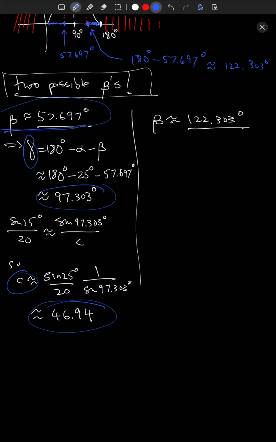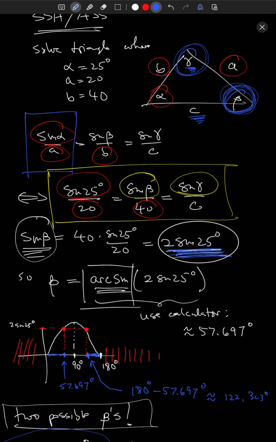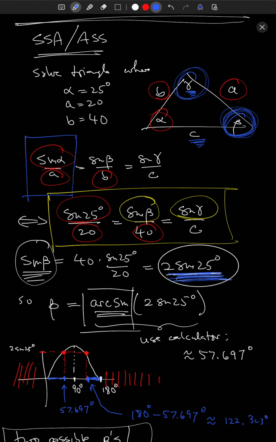We've actually discovered a triangle that has alpha equals 25 degrees, A equals 20 degrees, and B equals 40 degrees. Now, the other side of the board, we're still going to do. So in this particular problem, we're going to end up having two possible triangles.